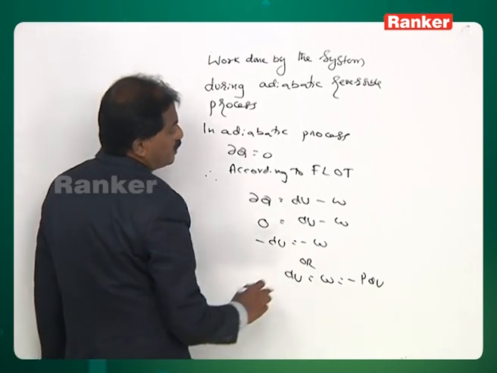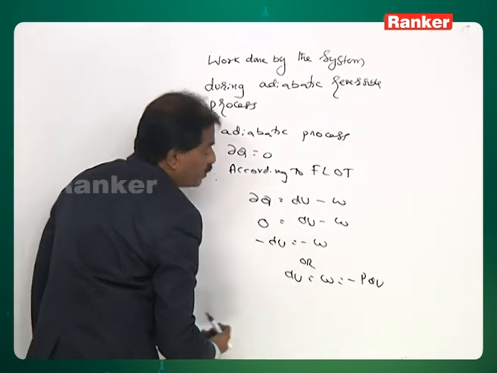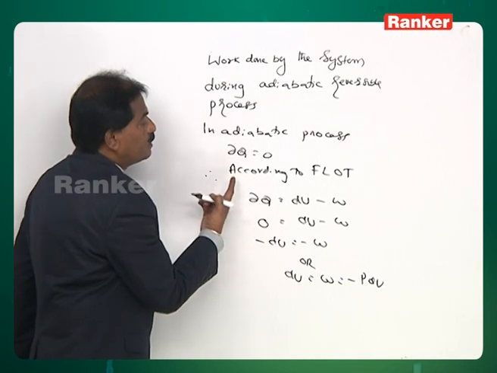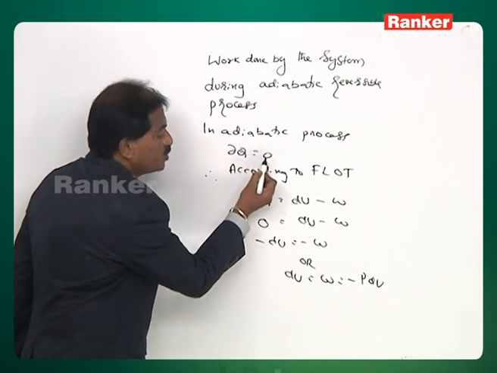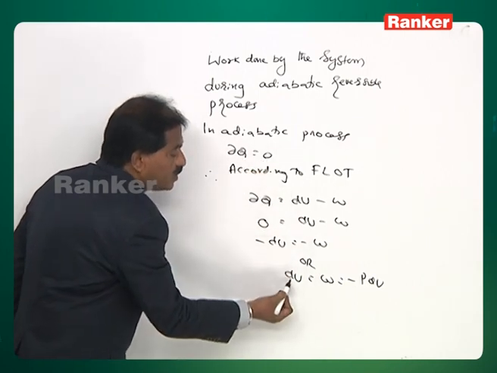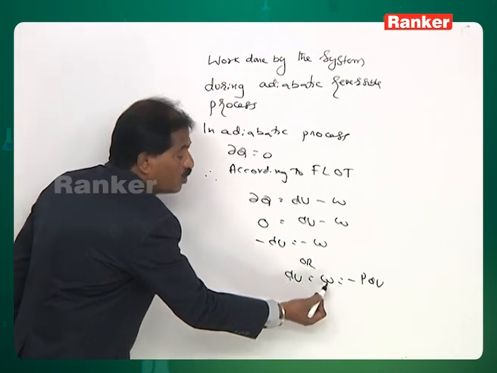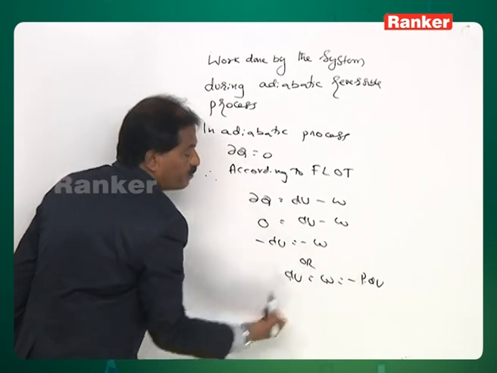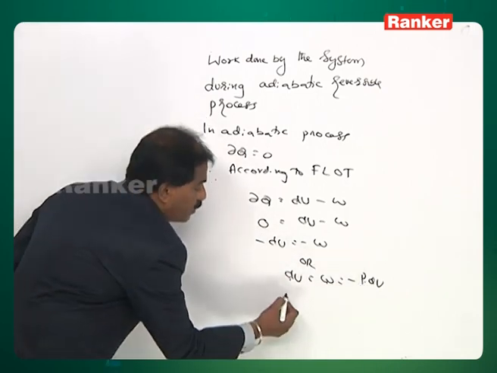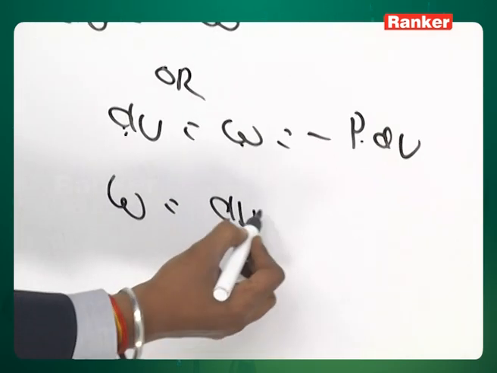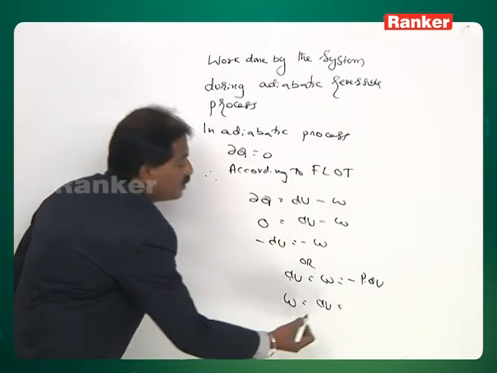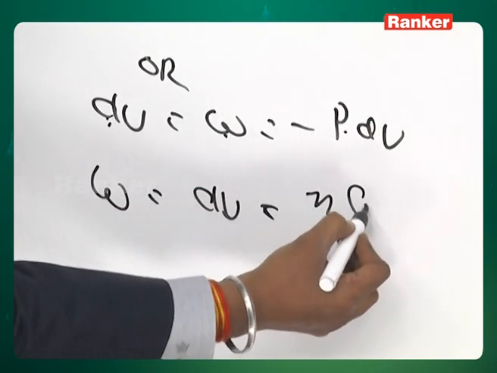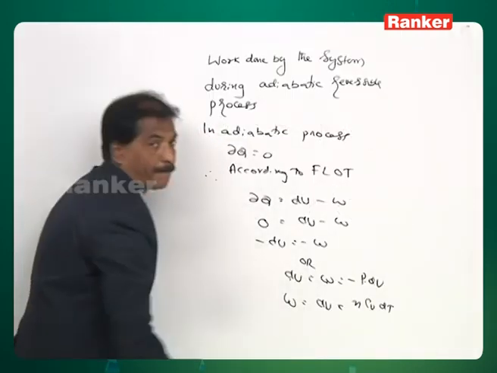Now, we want to derive the expression for work. You see, in the adiabatic condition, dQ has become 0, hence internal energy change finally became equal to work involved in the process, or is equal to minus PdV. Therefore, W is equal to dU. Next, change in internal energy, we already know, is equal to nCv dT.